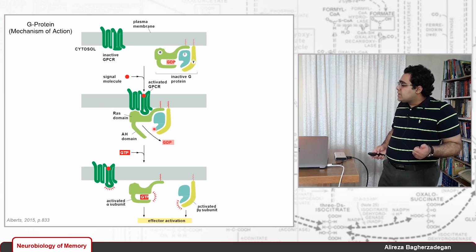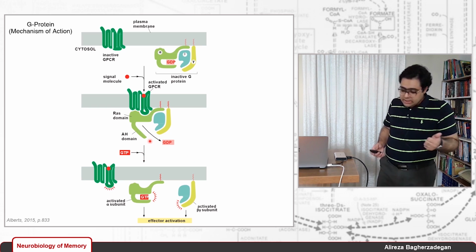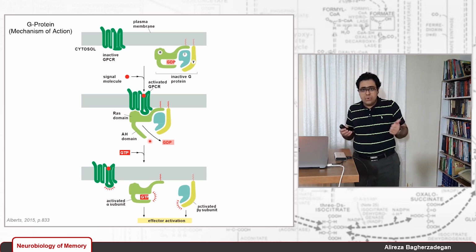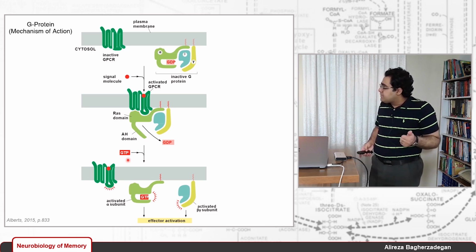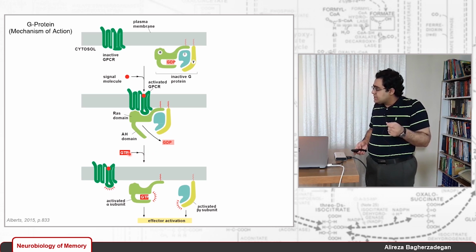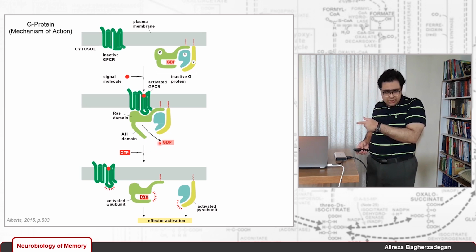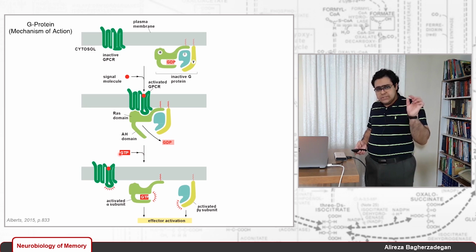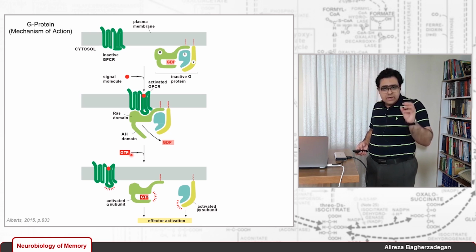The reason that GTP replaces GDP is the tenfold higher concentration of GTP compared to GDP in the cytoplasm, and also, thanks to its third phosphate, the gamma phosphate, GTP has a higher binding affinity compared to GDP.